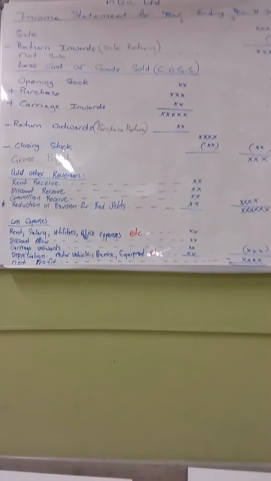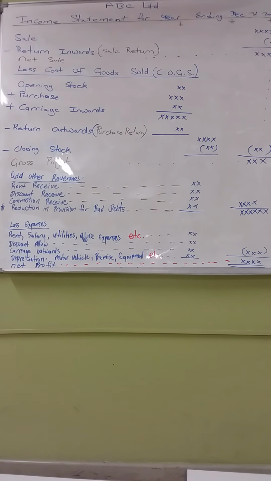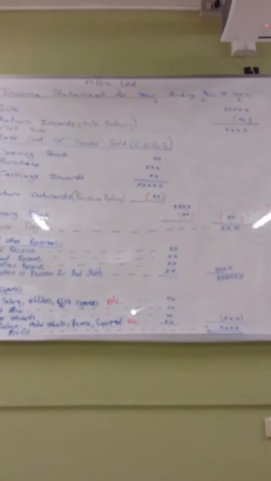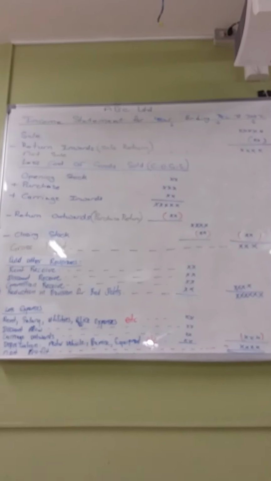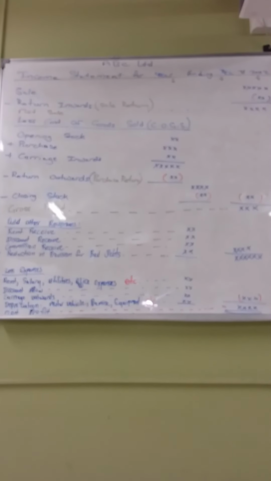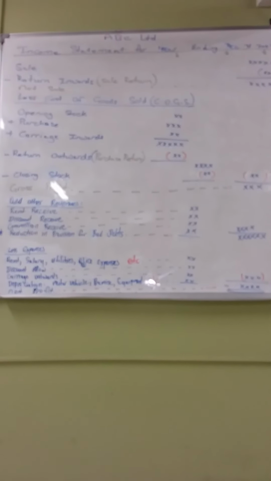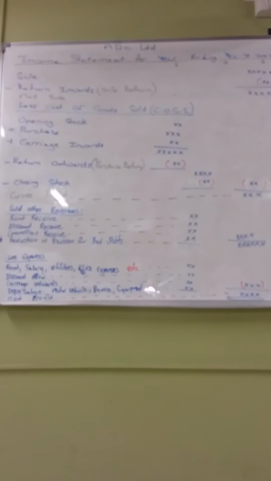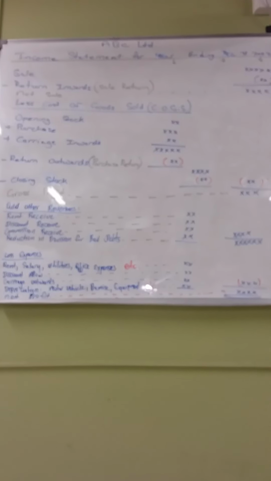Now when you minus your return outwards, that figure where you're seeing those X below is known as your cost of goods available.